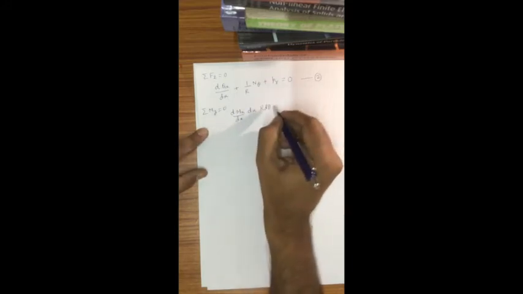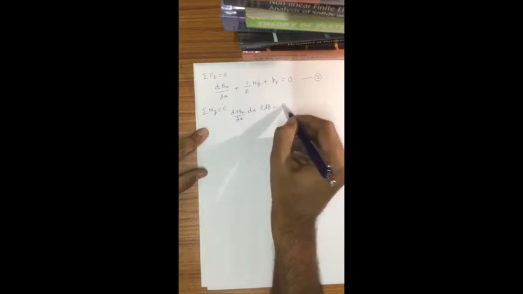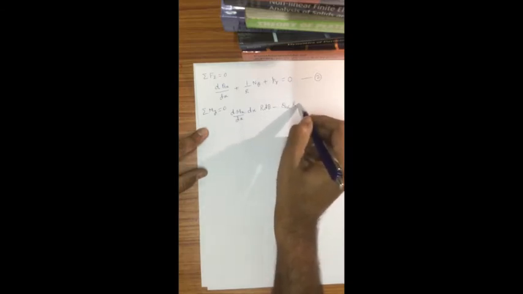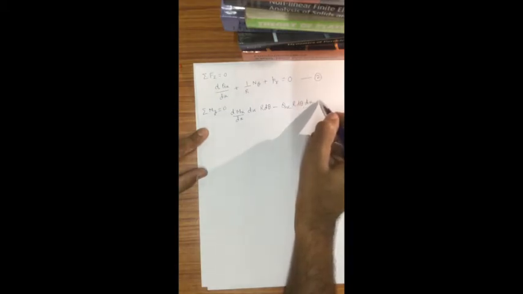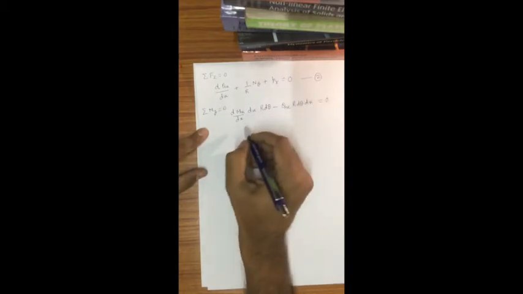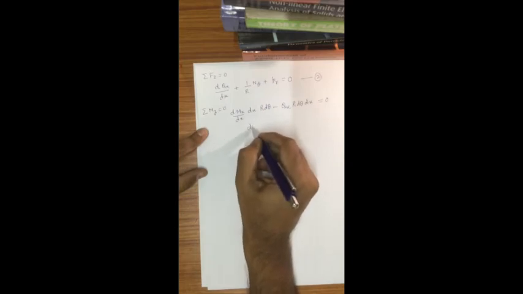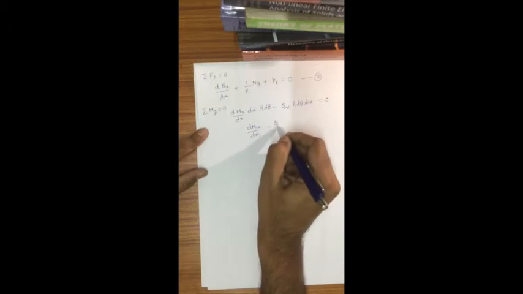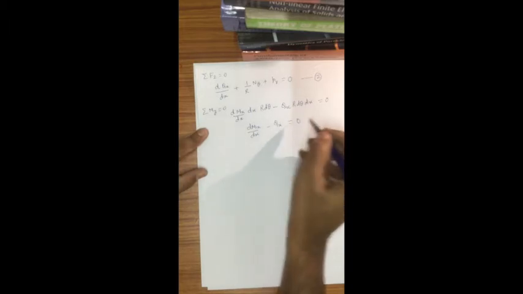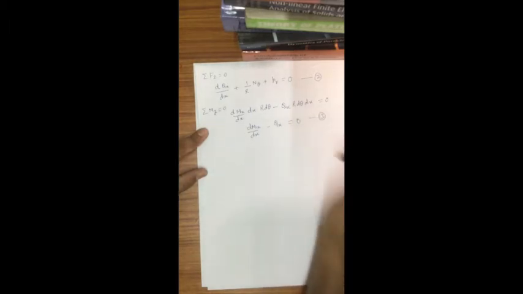I am removing the mx part, as only the incremental change is what we get here, minus qx into r d theta dx equal to 0. So therefore I can easily write down that dmx by dx minus qx equal to 0. So this is equation 3. Fine. Therefore three equations of equilibrium we wrote.